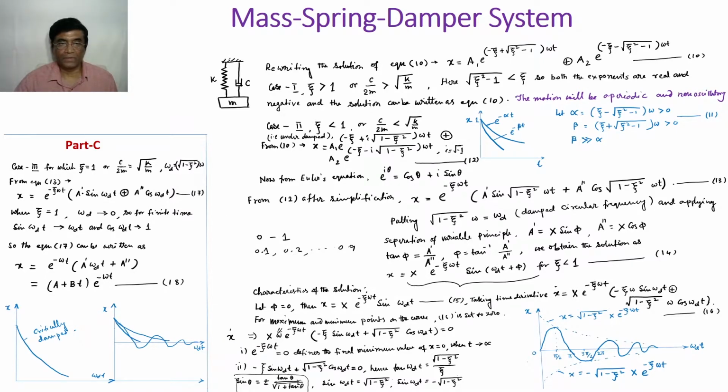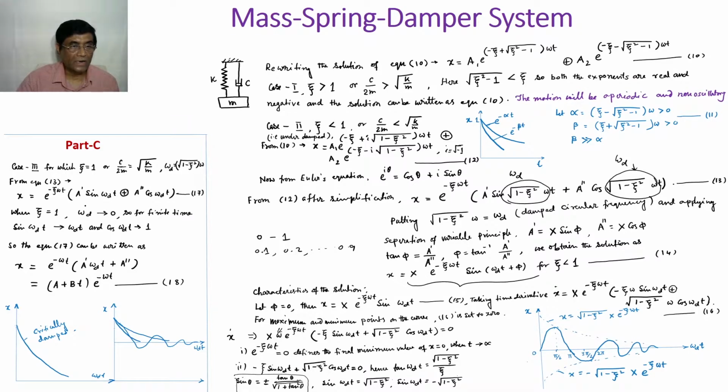Okay, so this is our solution, right? Omega d equals to this, omega dt. You understand, right? So here it is. From 13 we are getting this. So when zeta equals 1, then what will happen?